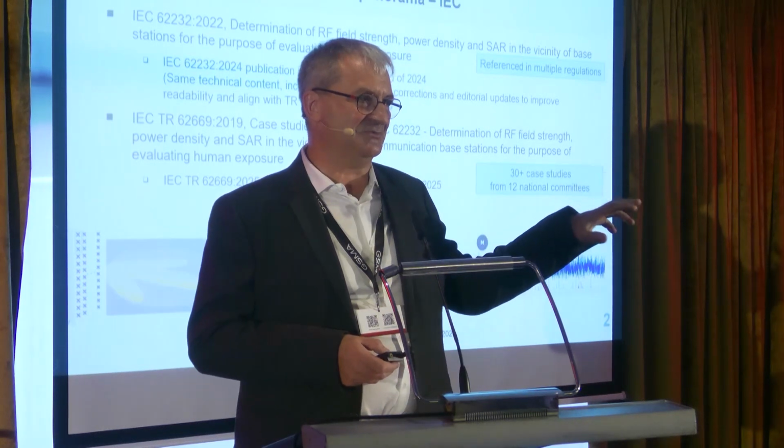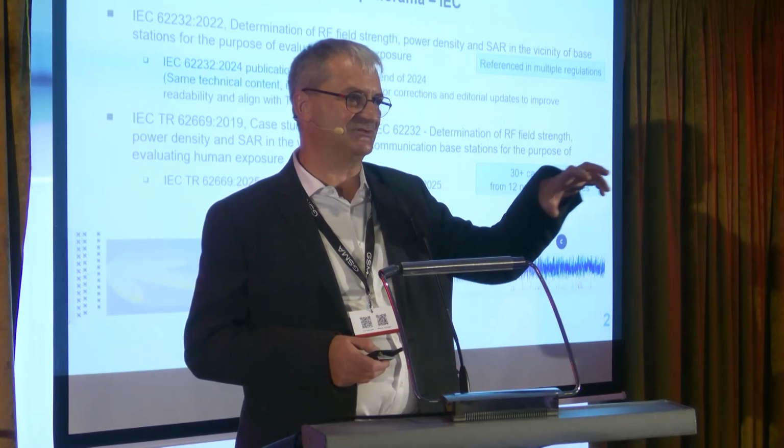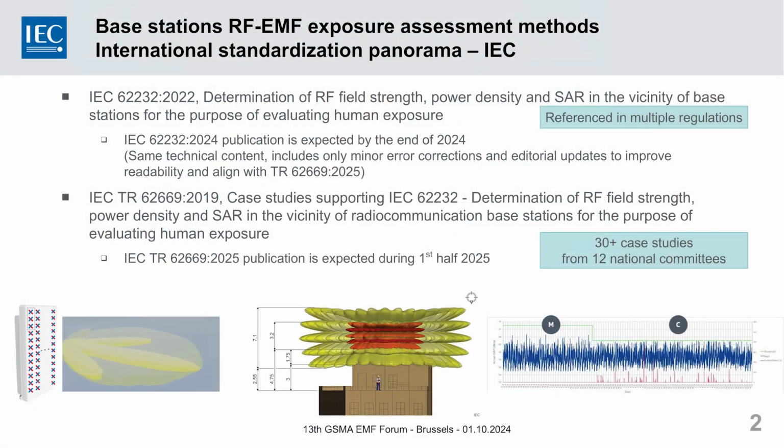So what are we talking about? We are talking about base station RF exposure assessment, so compliance boundary. As you see on the left, a nice 5G antenna with beamforming, and the yellow bubbles are the various beams that are possible to trigger.